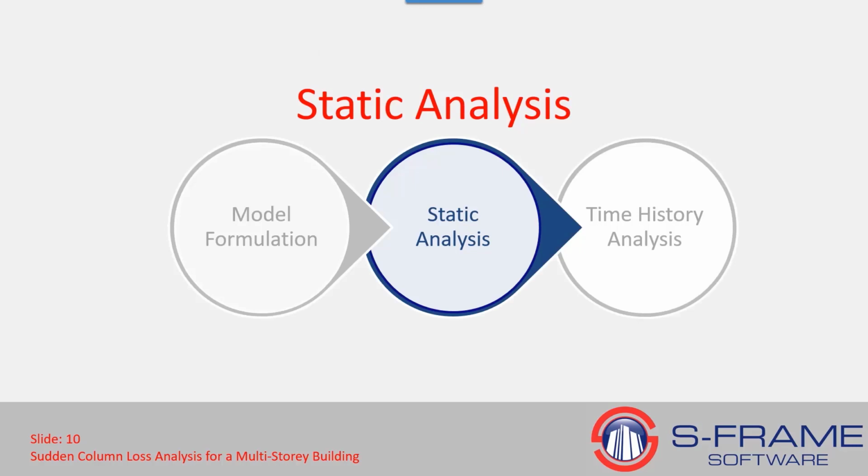Now we also need to understand the original influence of that removed column. Again, that column wasn't completely unloaded when it was there, so we need to understand exactly how much axial load exists in that column prior to the removal. To do this, we are going to run a linear static analysis.